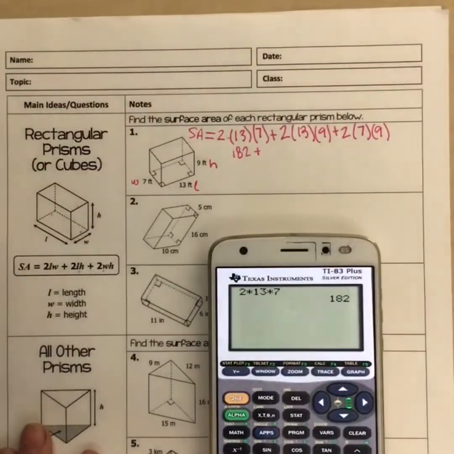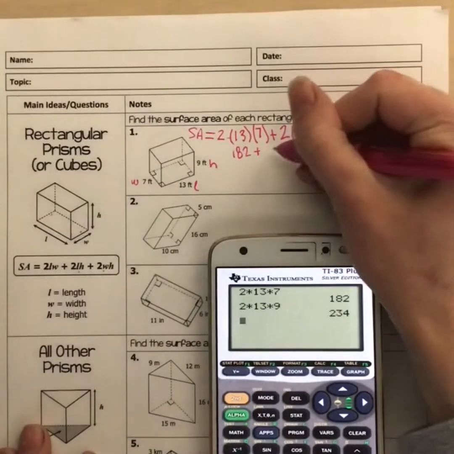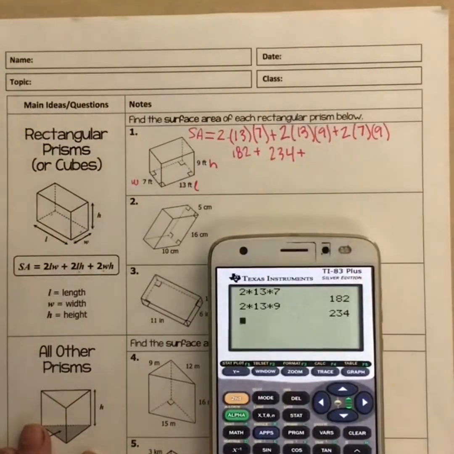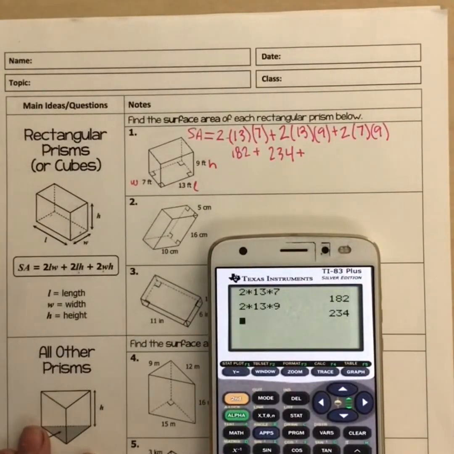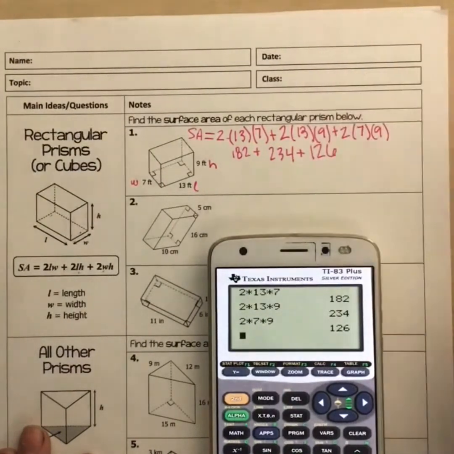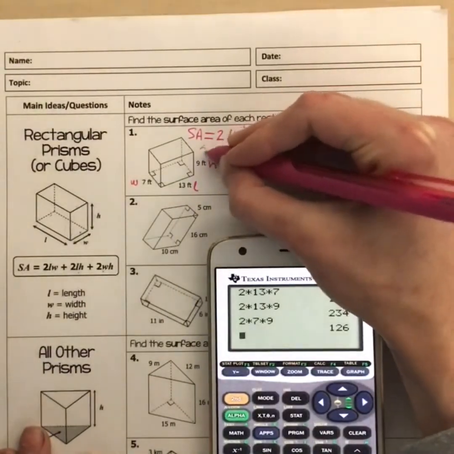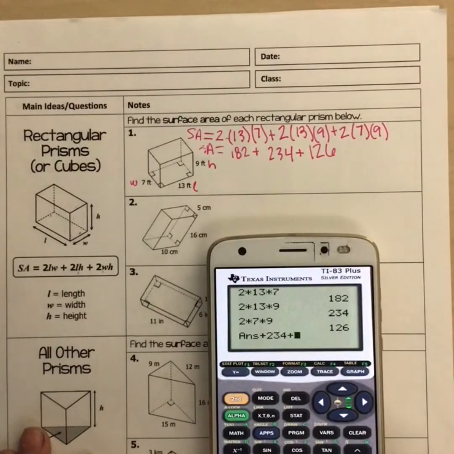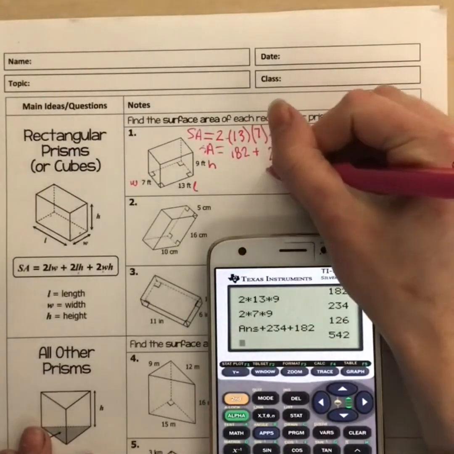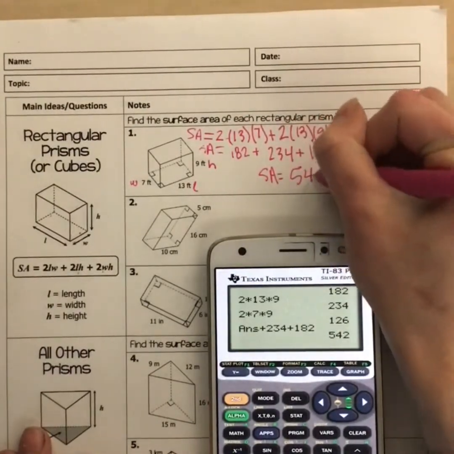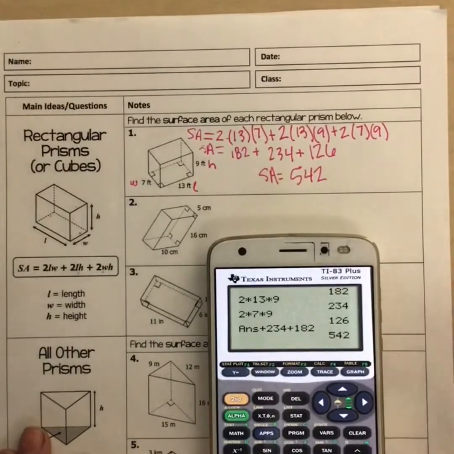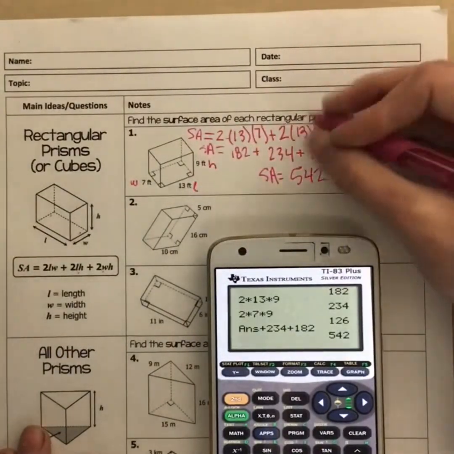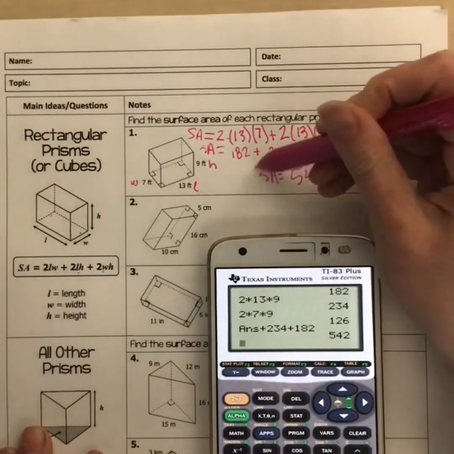I'm going to do this in a few steps just because there are so many numbers. 2 times 13 times 9, 234, and then add 2 times 7 times 9, which would give you 126. And now we're going to add all of those together. And when we do that, 182, 234, and 126, we would get the surface area is equal to 542. And remember that our units are whatever our measurements here are squared. So feet squared.